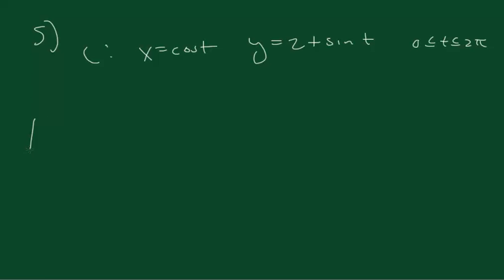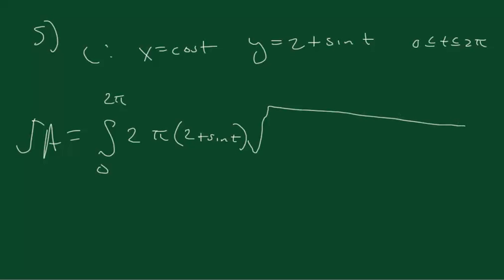So the surface area equals the integral from 0 to 2 pi of 2 pi times, because it's around the x-axis, we need the value of y, which is 2 plus sine t, radical, and the derivative of x with respect to t, negative sine t, and that's squared, pardon me, and the derivative of y is going to be cosine t squared, and all of this dt.